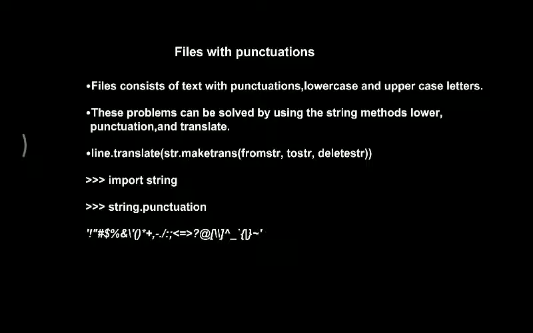The method we use is line.translate(str.maketrans(fromstr, tostr, deletestr)). It will convert or remove whatever punctuation is there. For that we simply import string.punctuation, which gives you all the punctuation characters.